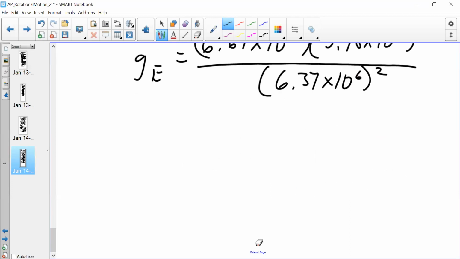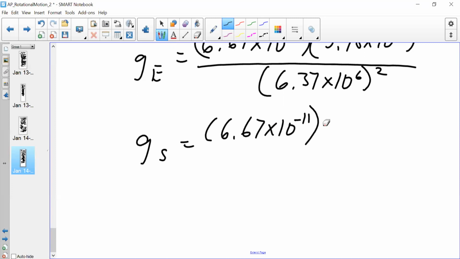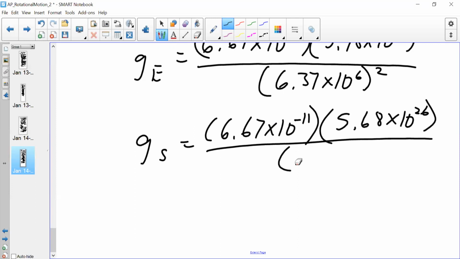And then likewise with the gravity of Saturn, .68 times 10 to the 26, and the radius.